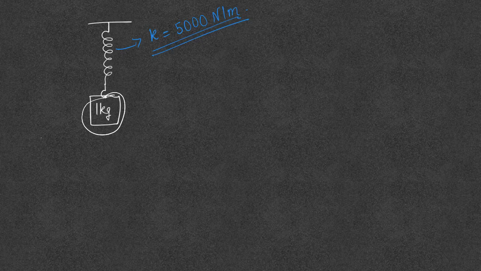You need to tell me the displacement of this spring. How long will the spring extend? As we know, the relationship of the force applied on the spring to the displacement is F equals Kx.